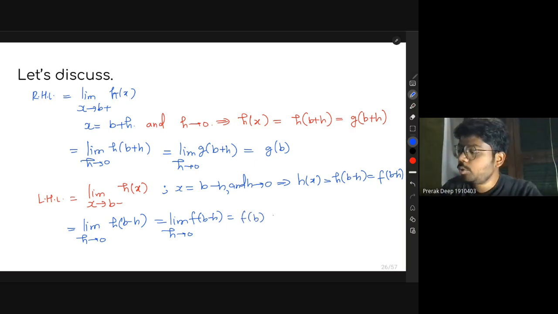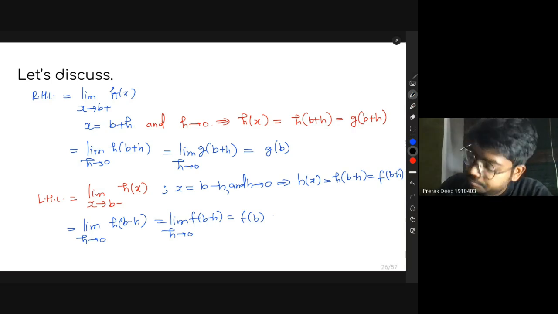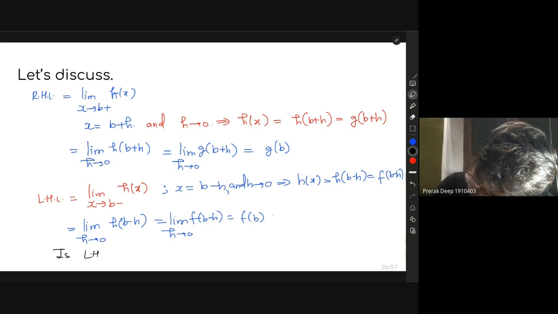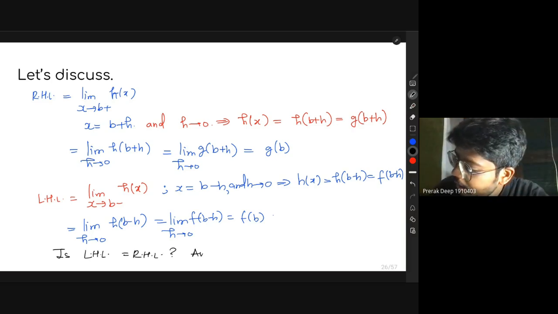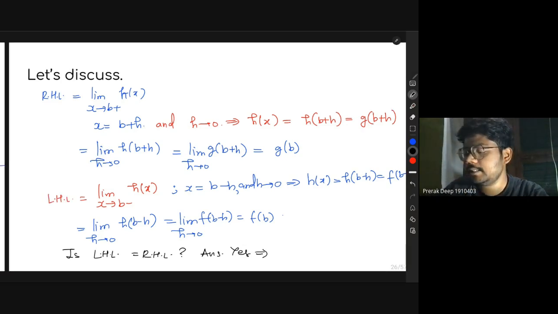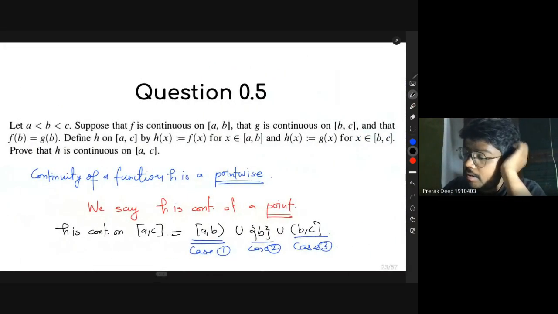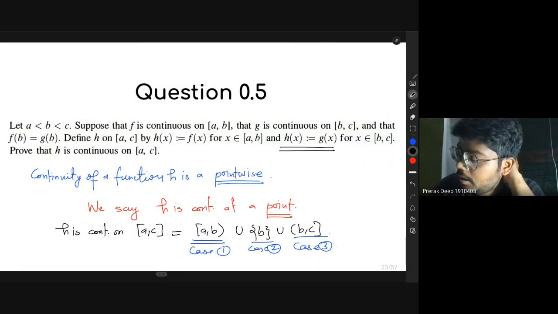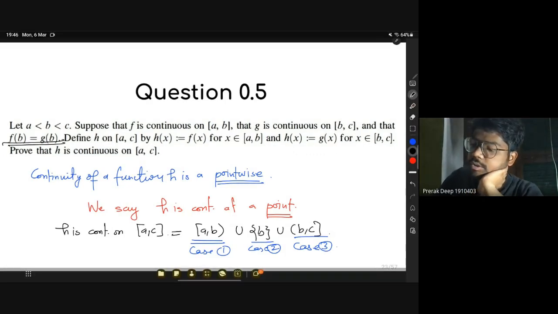So now the question is, is LHL equal to RHL? The answer is yes, it is. And it is equal by the assumption given, that f(b) is equal to g(b).